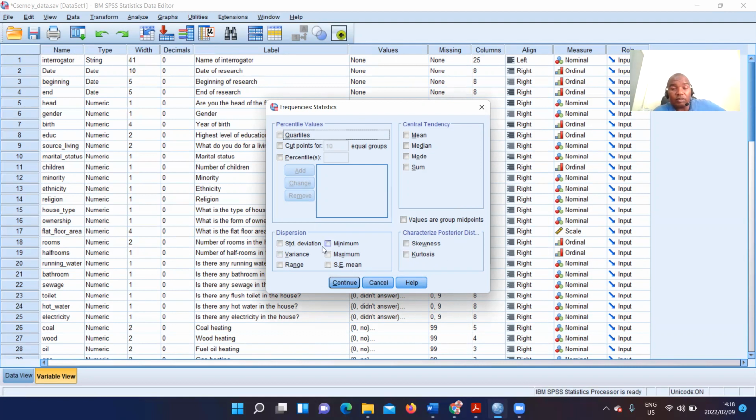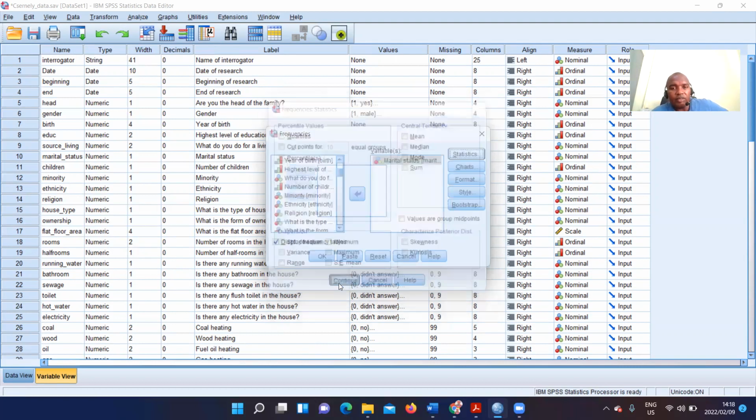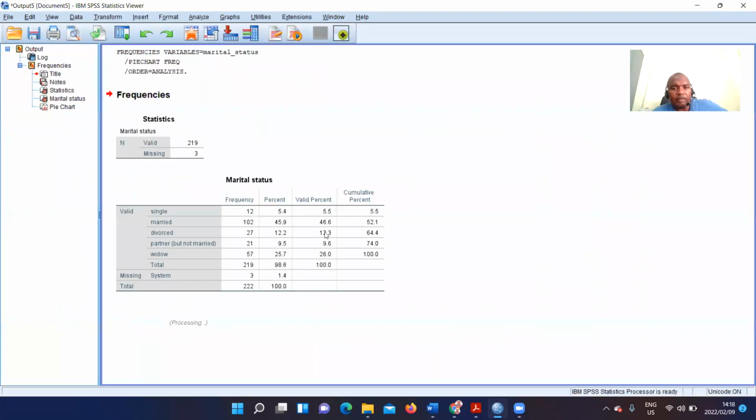But we choose not to calculate those as yet. So we click continue, and then we click OK.